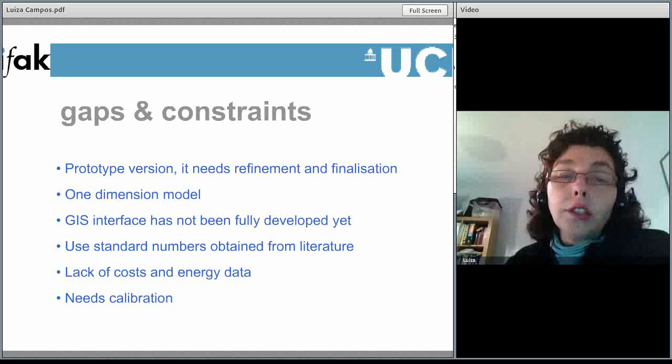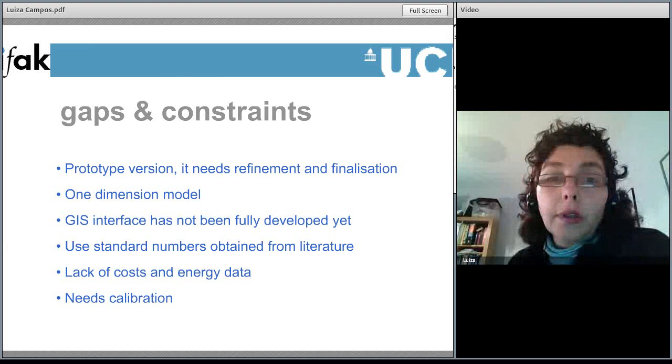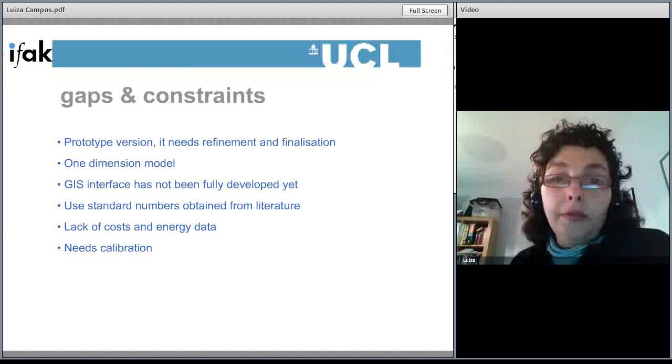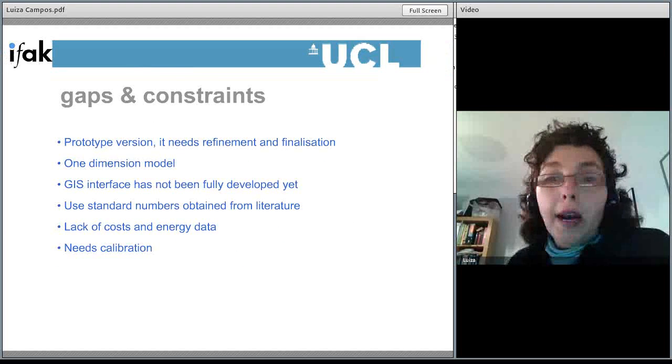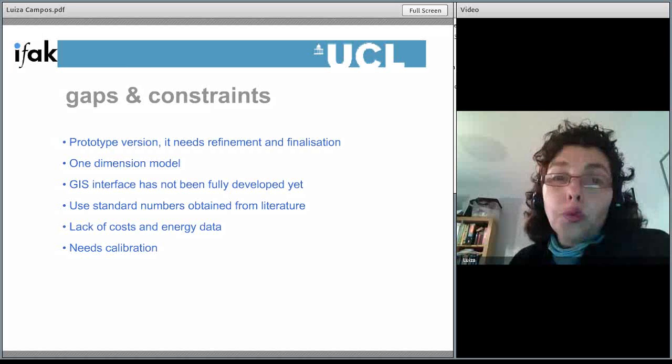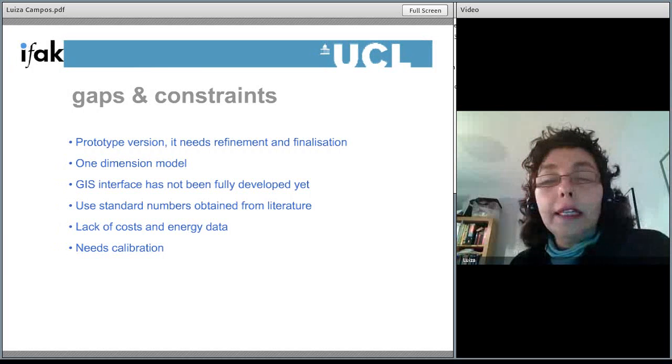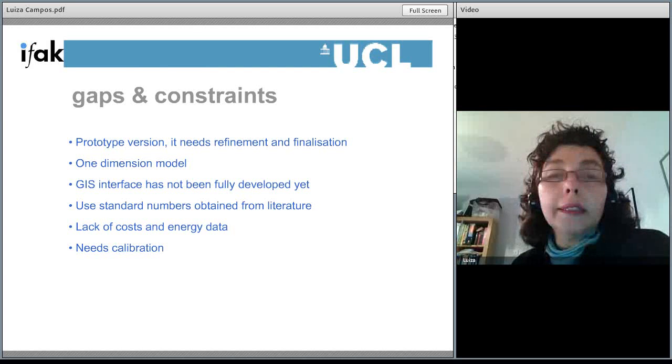The next slide is just showing the gaps and constraints of the model. As you can see, it's a prototype version. It needs refinement and finalization. It is a one-dimension model. At the moment, it does not have a GIS interface, but with further development, it is possible to incorporate GIS.